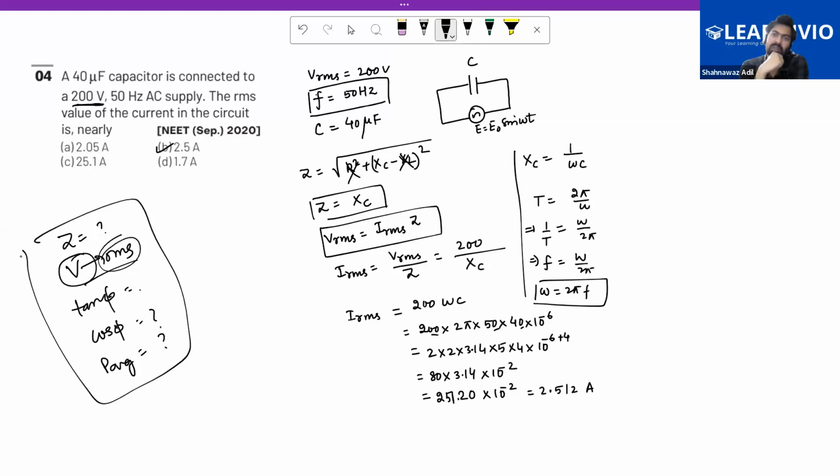So transformer I will talk about, and then we do some questions on transformer as well.